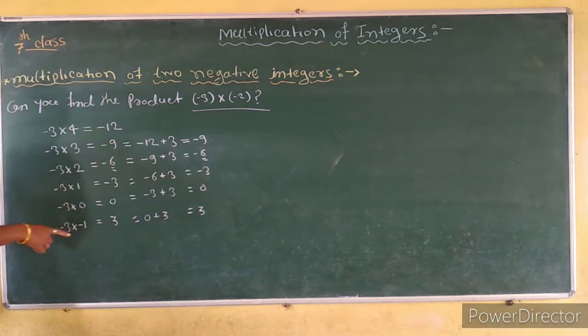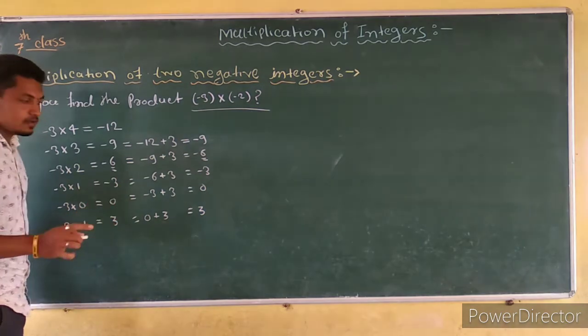So therefore the product of minus 3 into minus 1 is plus 3. Is it right? 0 plus 3 is 3.